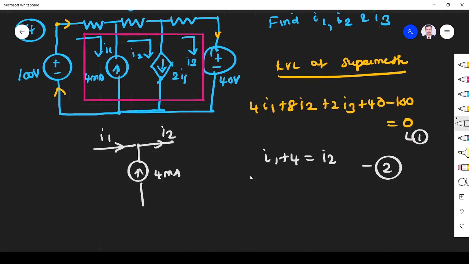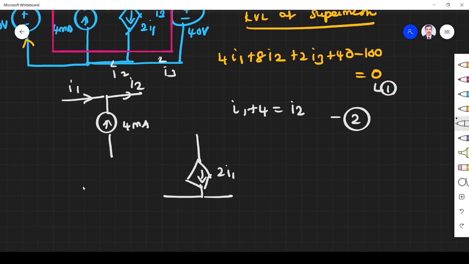Okay, next in this branch you see, it is coming like this. This is 2I1, here I3, here I2.